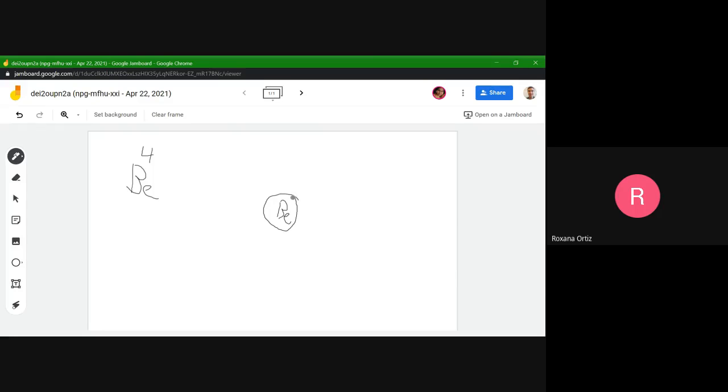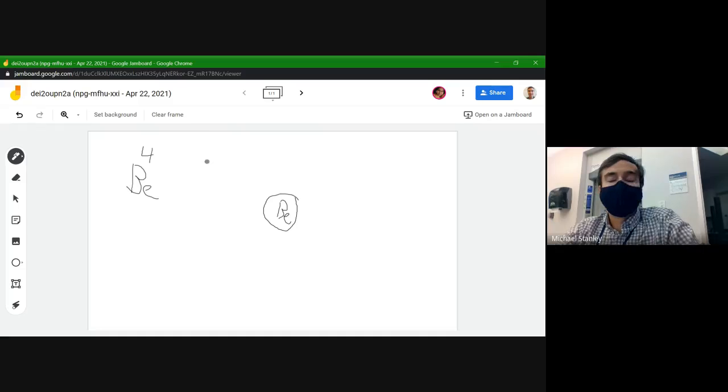Exactly. We talked about on Tuesday how the atomic number, this guy right here, is equal to our protons, but it's also equal to our electrons, which we're focusing on today.